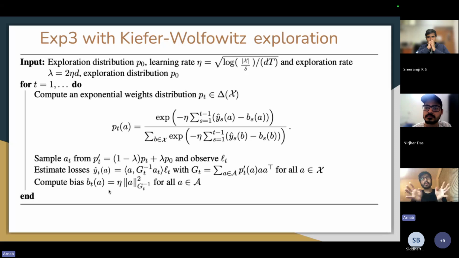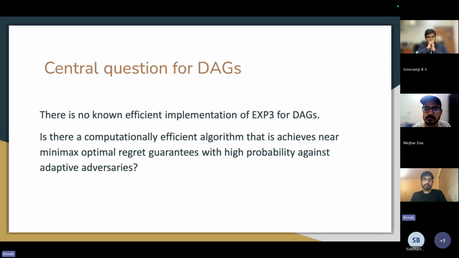If you were only concerned about guarantees in expectation, then there were some papers where they come up with some nice spanners. Essentially, a spanner tries to find some small distribution, and you mix it with the exponential distribution. But in general, at least for this high probability guarantee case, there's no efficient implementation of this algorithm.